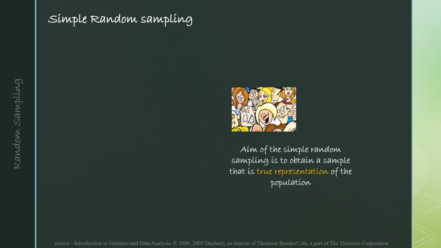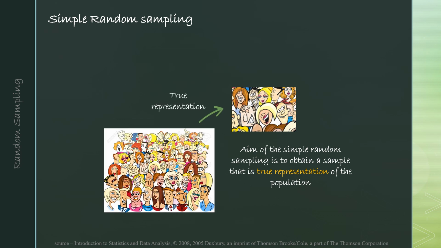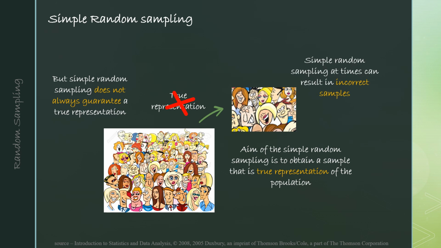Aim of the simple random sampling is to obtain a sample that is a true representation of the population. But simple random sampling does not always guarantee a true representation. Simple random sampling at times or on fewer occasions can result in incorrect samples.